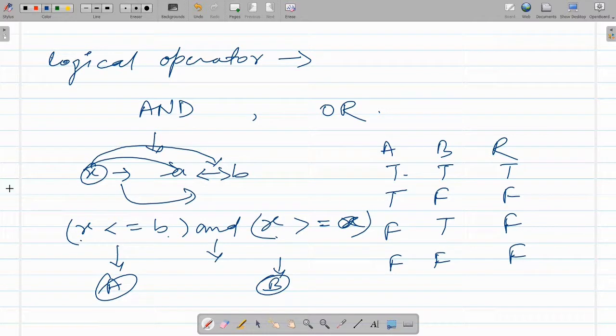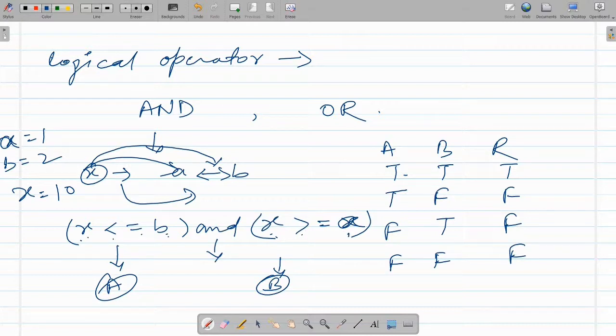For example, if x is 10, the value of a is 1 and b is 2, then the condition will be: 10 is less than or equal to b, where b is 2, and 10 is greater than or equal to 1.